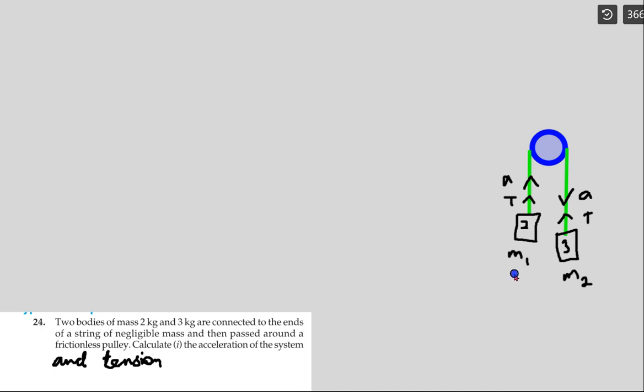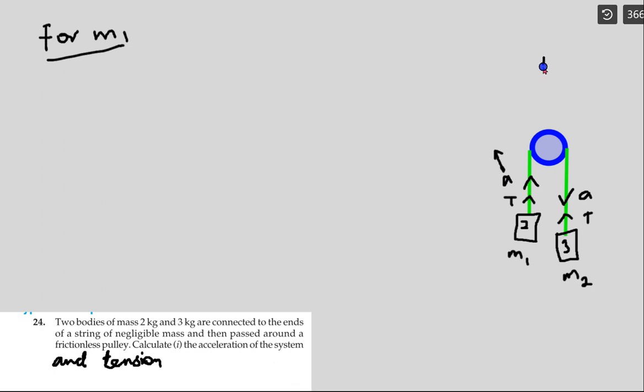Now for the motion of M1, let me explain. M1 moves upward with acceleration a. This M1 has a mass of 2 and this acceleration.